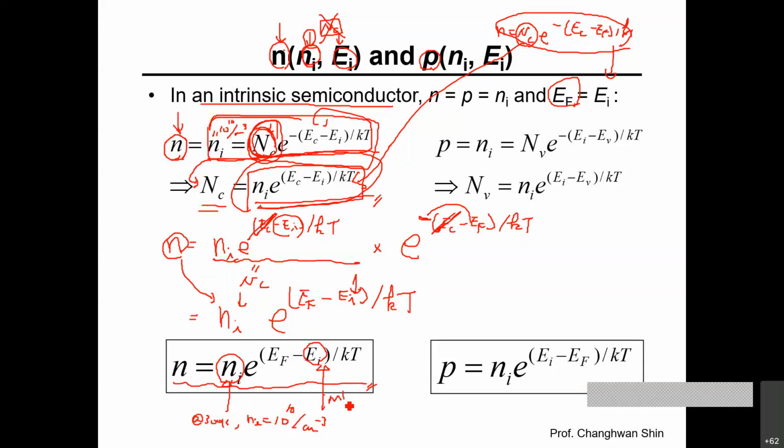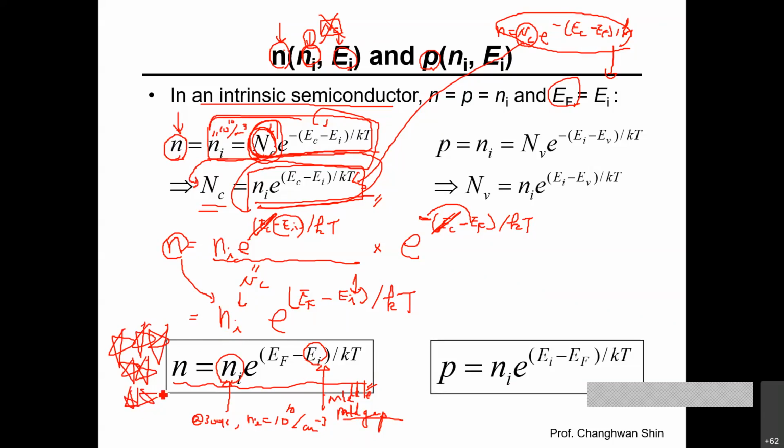And this is mid gap, the middle point of the energy band gap. Here, you should remember this equation to get a high score in the midterm exam and final exam. Please remember it.